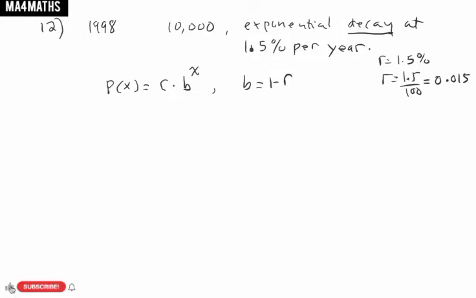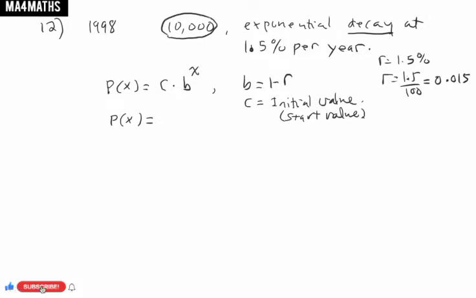So P of X is equal to, and C is always the initial amount or start value. And so what are we starting with? 10,000, right? So C is 10,000. So we'll have 10,000.